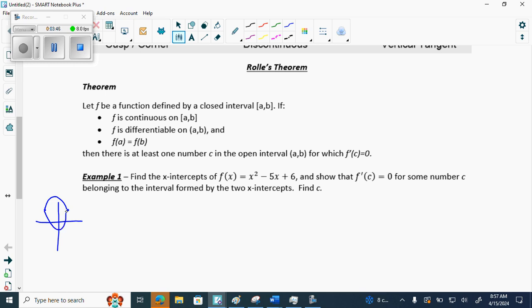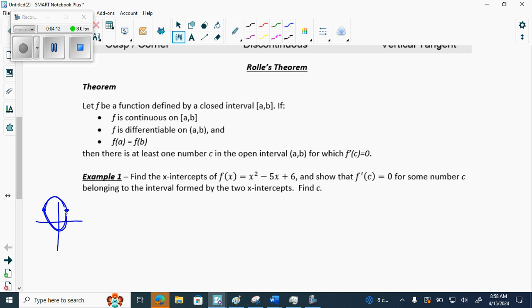You're going to be given the equation, so you'll know that it is not a horizontal line, a constant, correct? So if I find two y values that are the same, then using Rolle's theorem, there exists some sort of max or min that's happening here, because it's going to have to curve and come back up, or curve and go back up. If it's a constant term like 10, it's just a line. Yeah, but they would have to give that equation. And they give us the equation, and the equation isn't a constant.